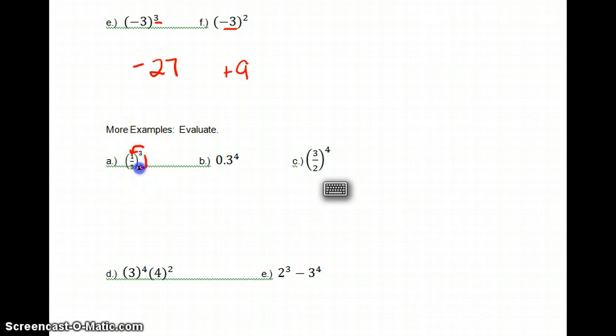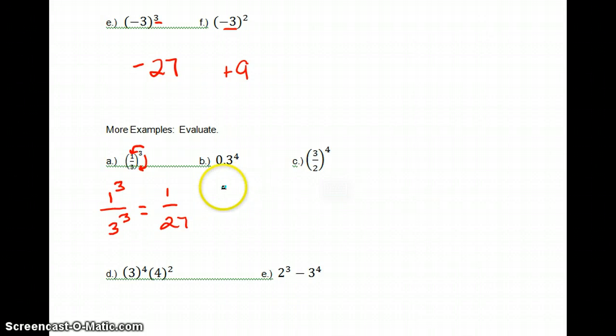That exponent is actually going to go to the numerator as well as the denominator. So we can turn that into 1 cubed and 3 cubed. And then from here, we can just simplify this fraction by taking care of the math. 1 cubed is 1, 3 cubed is 27.